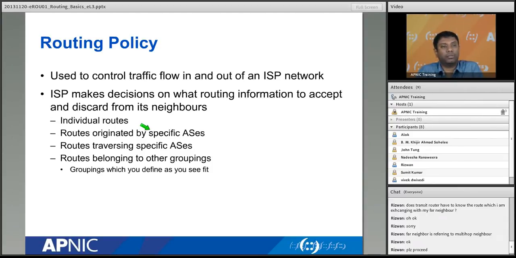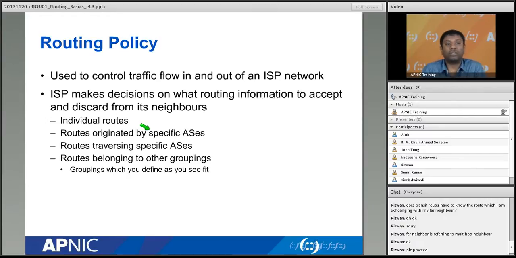The second option is you can build your filter based on prefixes originated from a specific AS, right? Any specific AS, when it originates a prefix, will be allowed or denied. You can make your routing policy based on that as well.